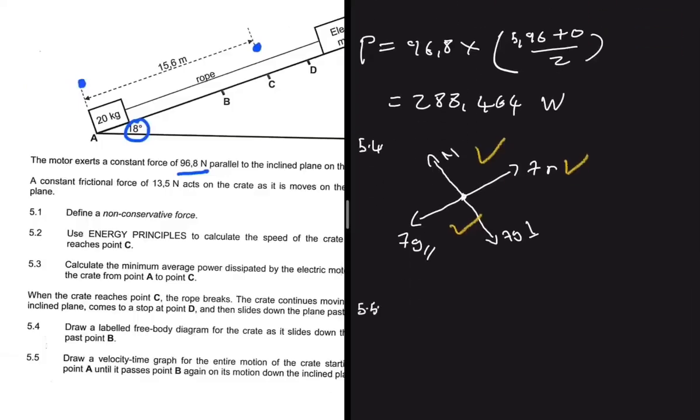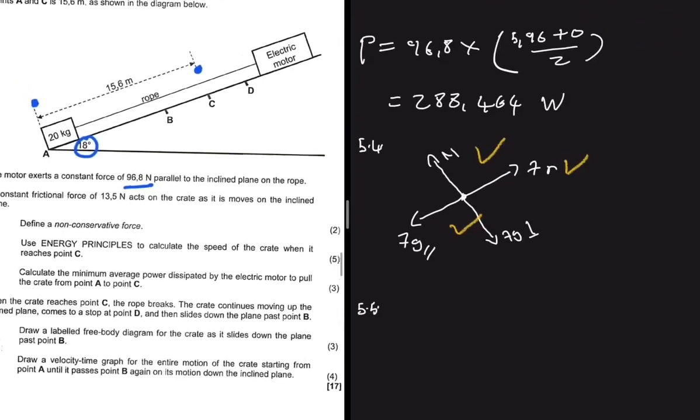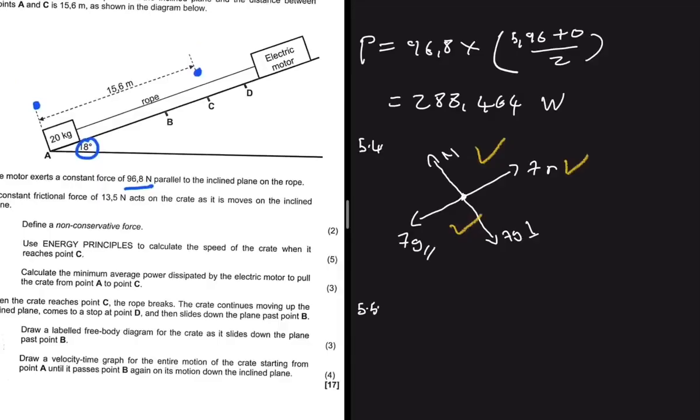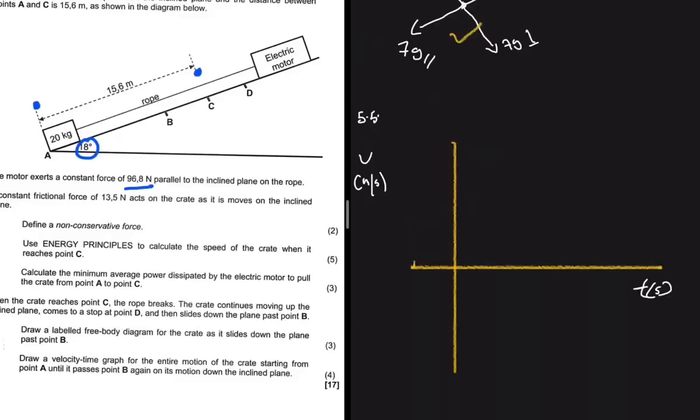So in 5.5, let's do a velocity-time graph for the entire motion of the crate, starting from point A until it passes point B, and again on its motion down the inclined plane. Well, we studied that V equals 0.